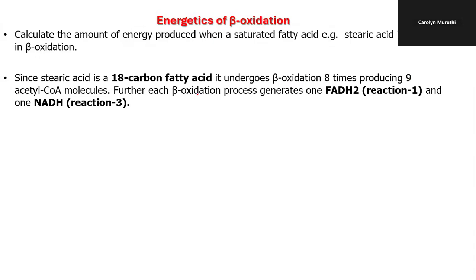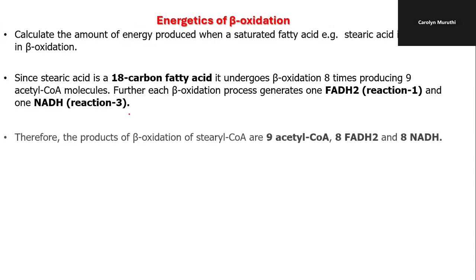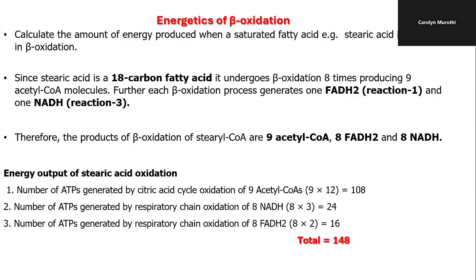Remember, it also generates FADH₂ in reaction 1, and an NADH molecule in reaction 3. So the products of beta oxidation of this fatty acid are 9 acetyl-CoA, 8 FADH₂, and 8 NADH.